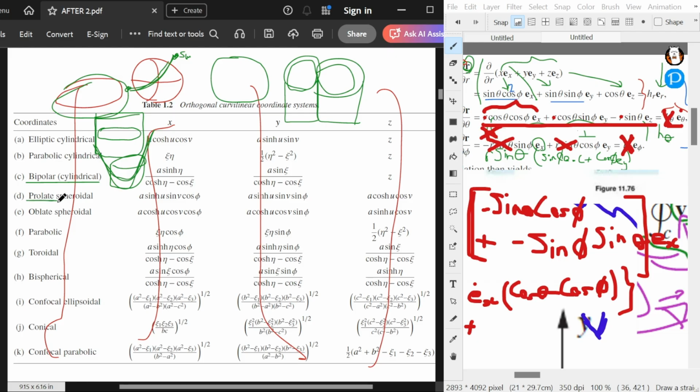Prolate. I have no idea what prolate means. Oblate. Oblong. Parabolic coordinate system. I assume each point, one of the coordinates points in the direction of the parabola, and the other ones make up the plane perpendicular to that direction.